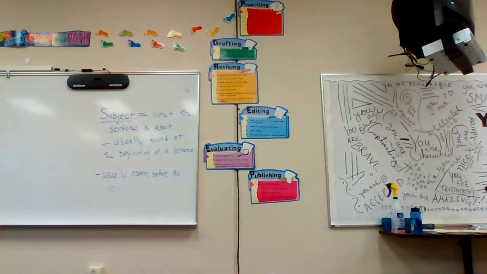Can you guys tell me what a verb is? Jax. It's like an action. Yeah, exactly. It's an action. So sometimes those are easier to find because you look for the action. And then if you want to know what the subject is, you could ask yourself, who or what is doing this action, right?